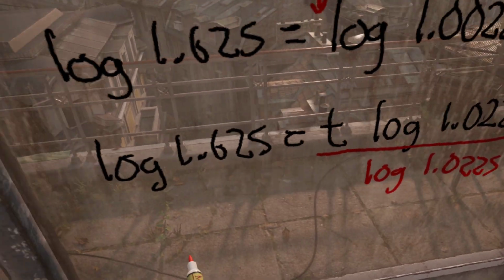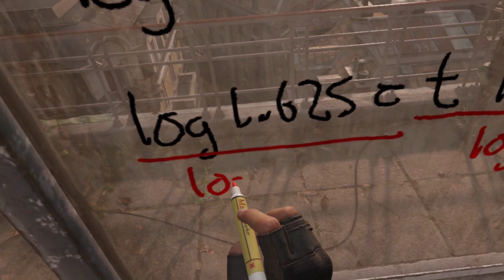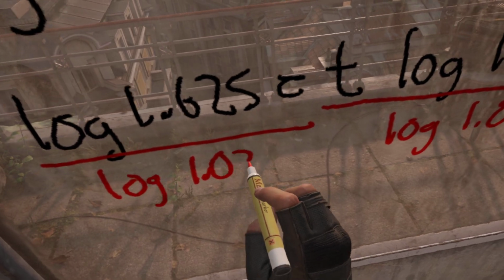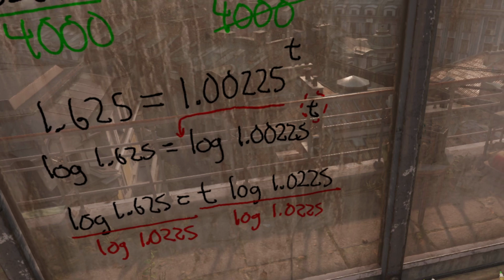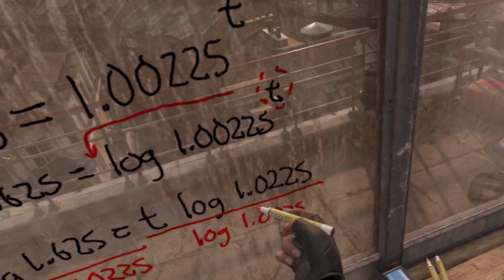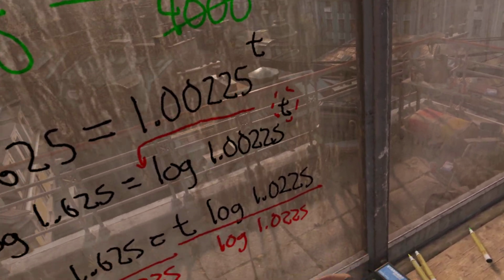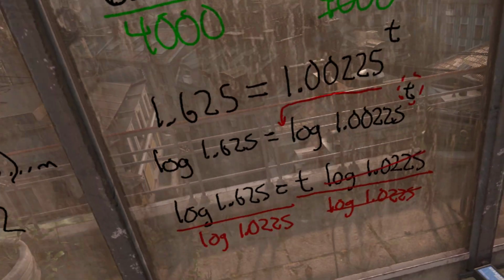If I divide that side, I must divide the other side by the same thing. Log base 10, 1.00225. So on this side, something divided by itself becomes 1, and 1 times t is still t. So in other words, they cancel each other out.